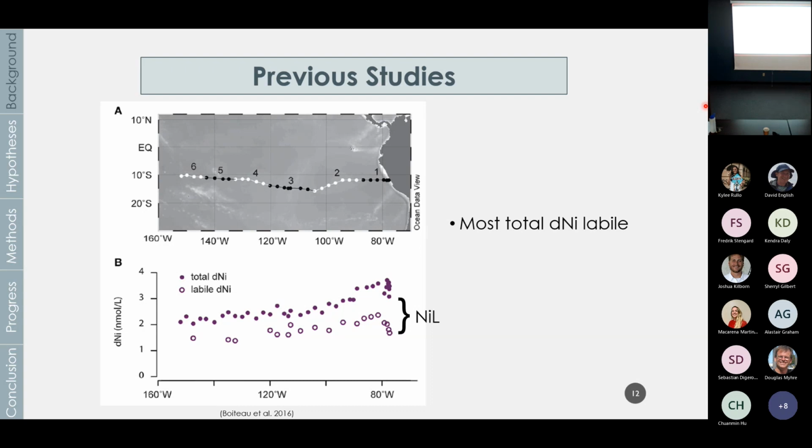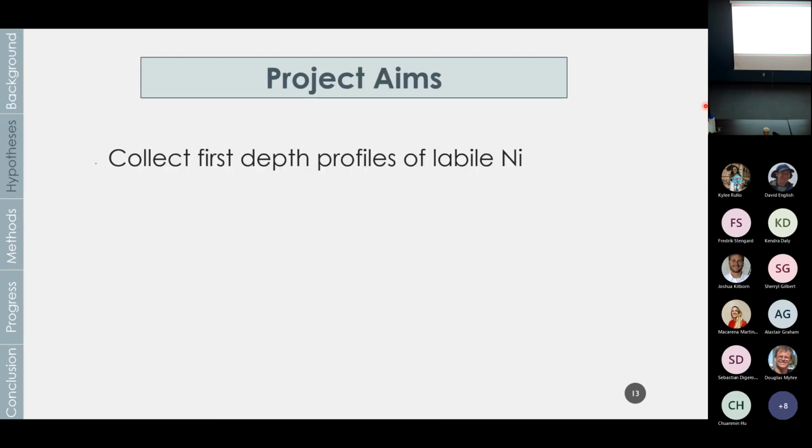And they see a very similar trend, where we have this distinction of about 1 nanomolar between the total dissolved nickel and the labile nickel. So this is interesting, that we're seeing very similar trends from two studies that were relatively far apart, but from the same study area.